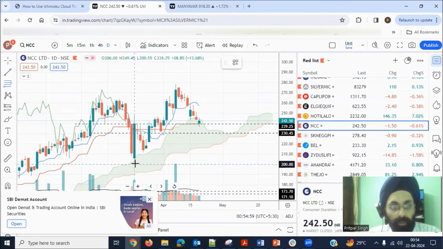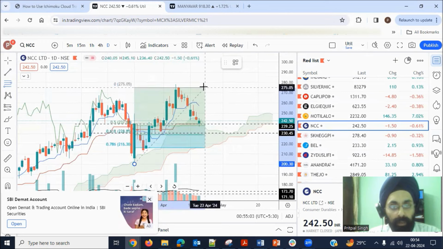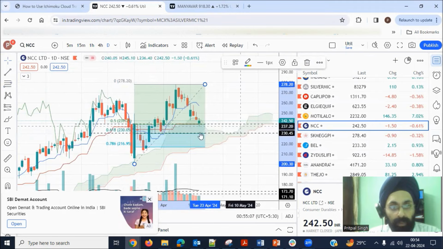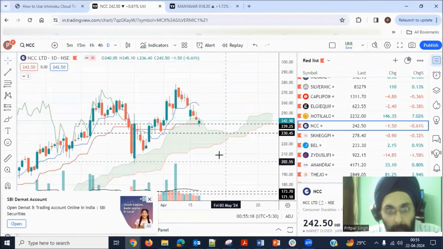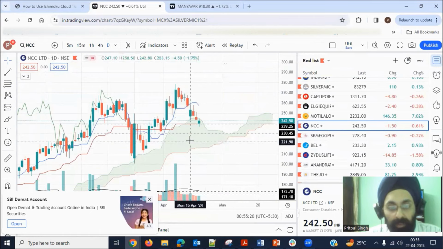I have already marked it. If you want, I can show it again. I am using Fibonacci retracement, and this was my move. If you see, the 50% retracement is here, and this is the 60% retracement which I have already marked on the chart. On the 50%, this baseline is in confluence, it is overlapping the 50% retracement.